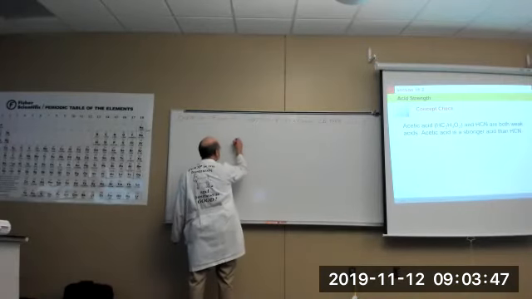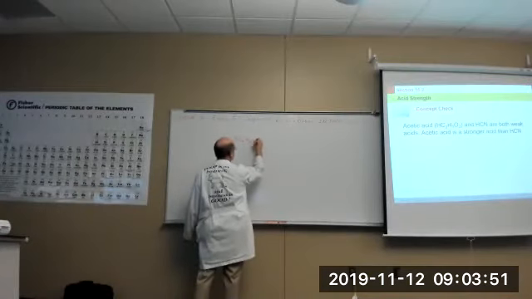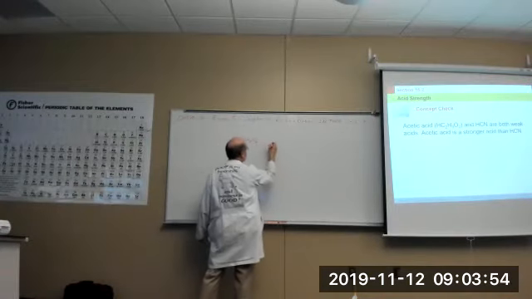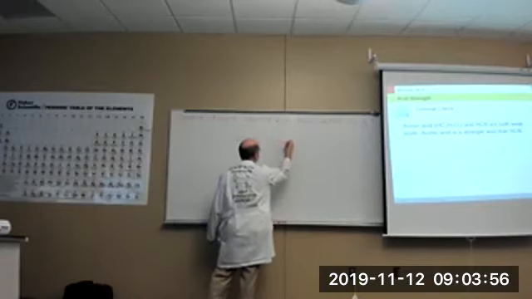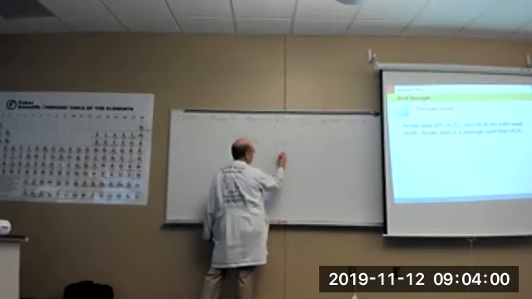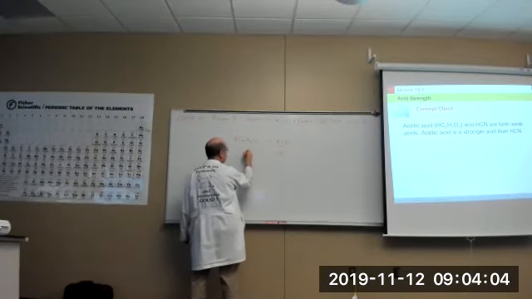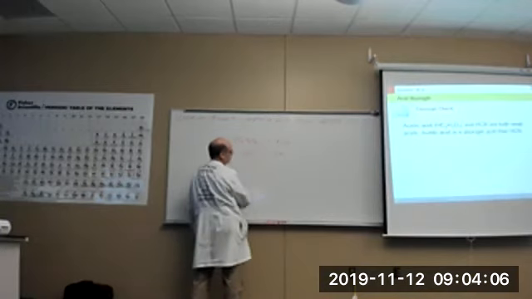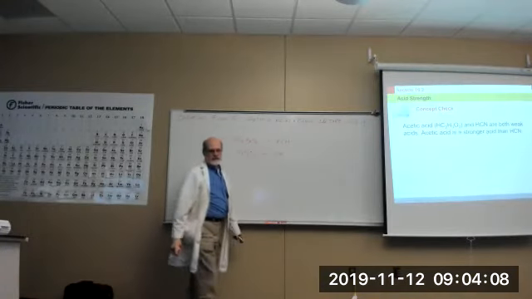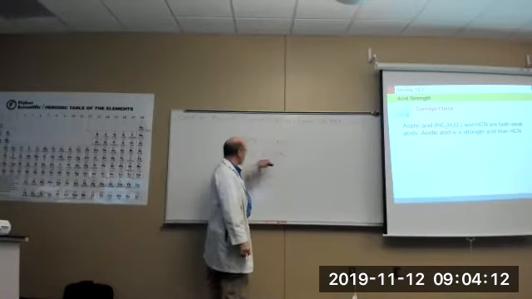So if acetic acid is a stronger acid than this one, what about their bases? Well, the conjugate base for this one is that, and the conjugate base for this one is that. So how about their strengths? They're just the opposite. If that's a stronger acid than this, that's a stronger base than this.